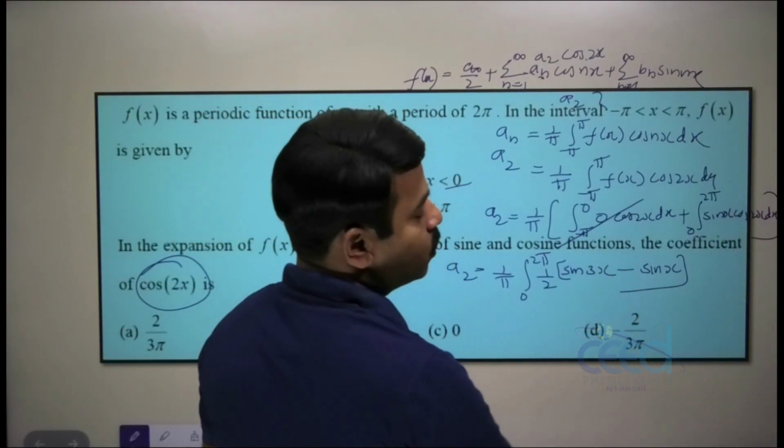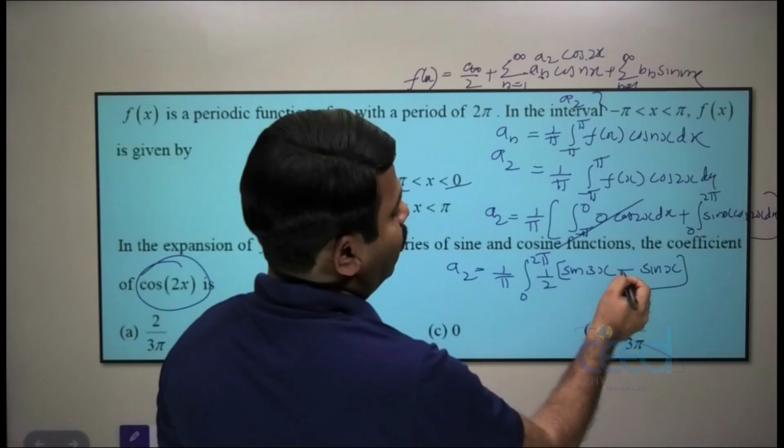But a minus b, x minus 2x, is minus x, and sin of minus theta is minus sin theta, so it is sin 3x minus sin x, understood?